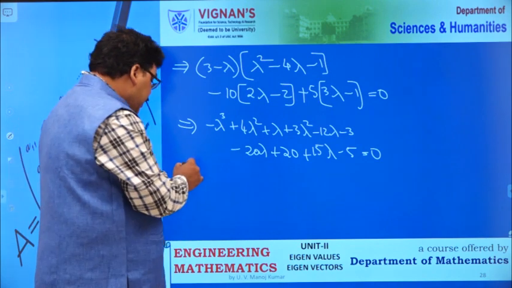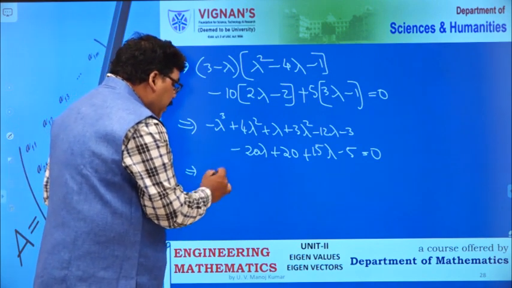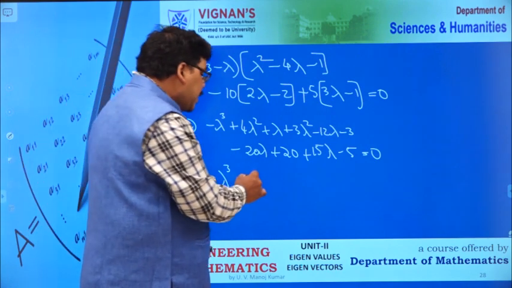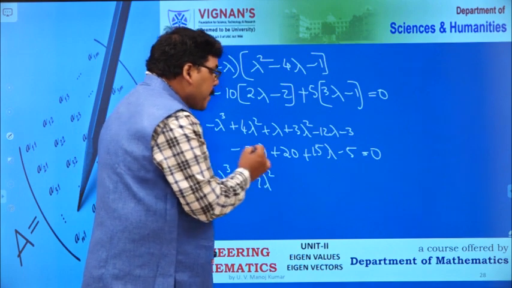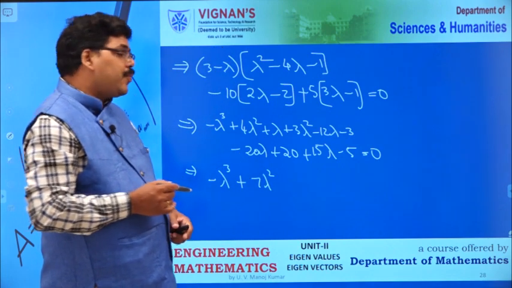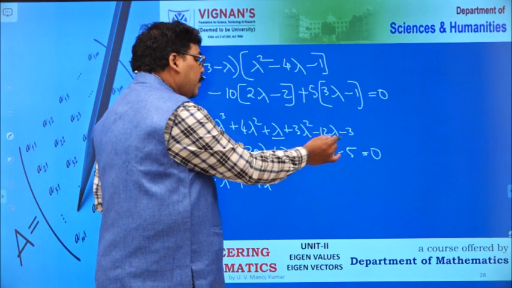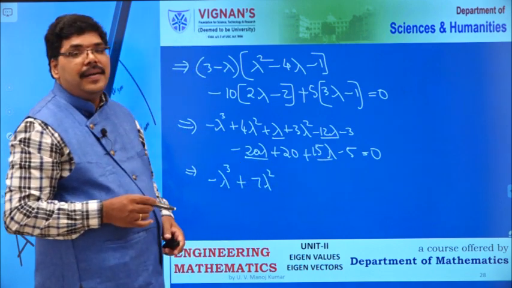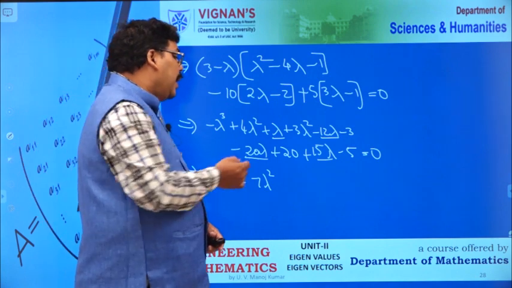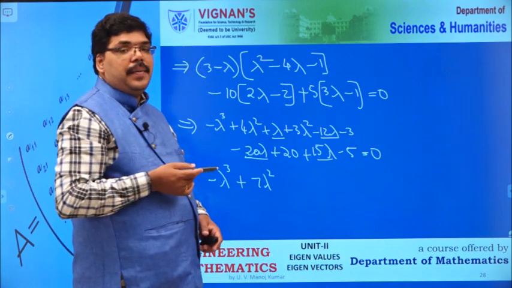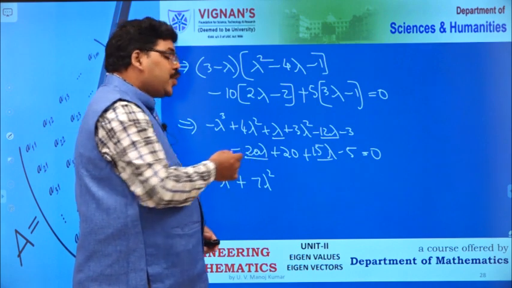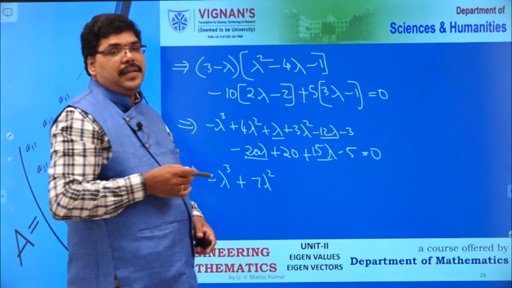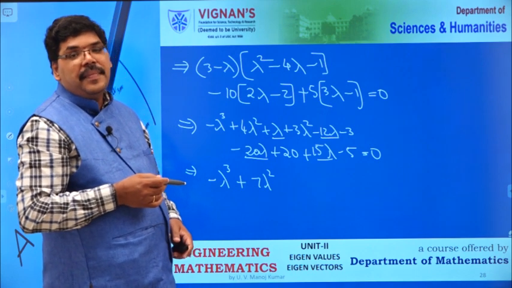So further simplify this, you will get minus lambda cube plus 7 lambda square, minus 12 lambda, minus 20 lambda plus 15 lambda. Simplify: minus 11 lambda, minus 20, minus 31 lambda plus 15, minus 16 lambda.